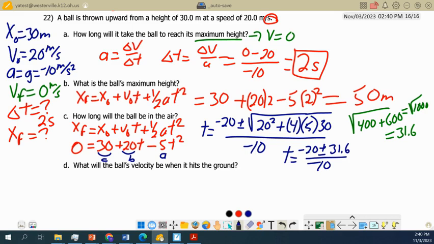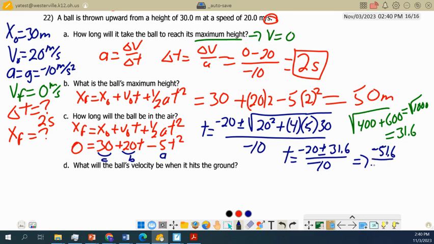How can we find our positive root? Our denominator is negative, so we want our numerator to be negative. How do we get our numerator to be negative? Let's look at the one where we subtract that 31.6. So -20 minus 31.6. What are we going to get here? We're going to get -51.6.